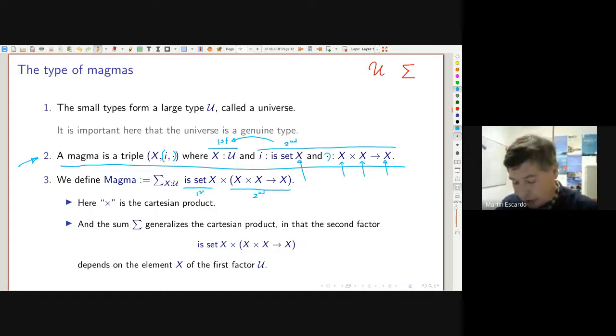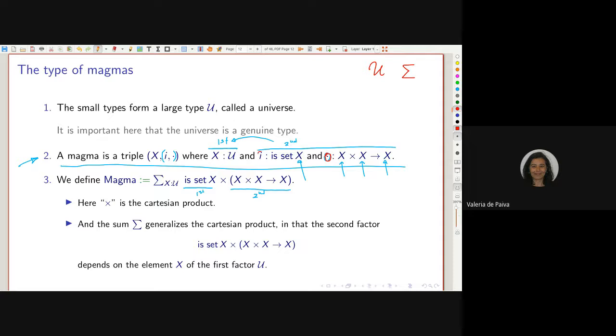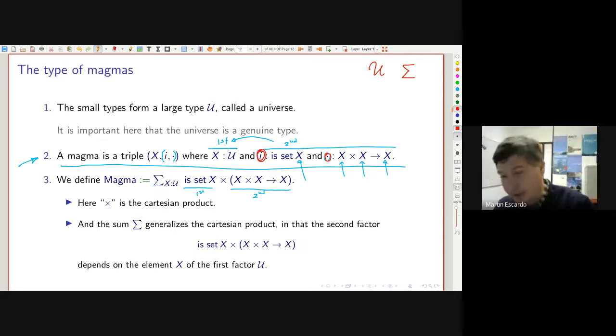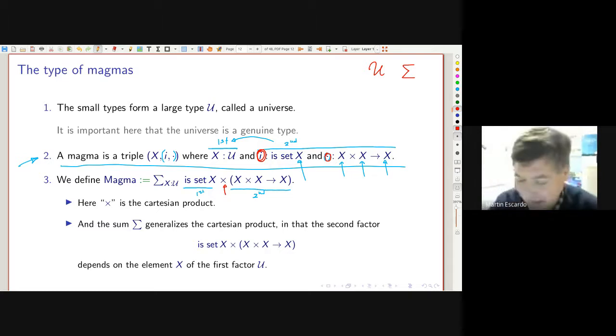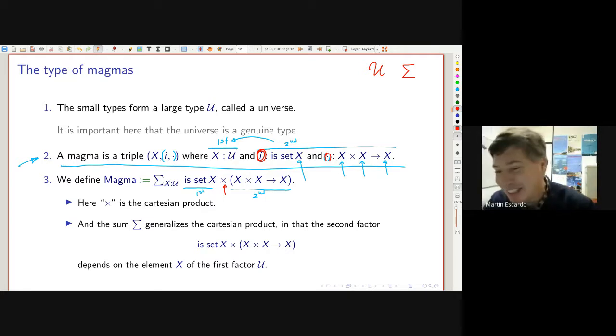So this operation, this multiplication, is not making reference to this. So this Cartesian product is a special case of the sigma type that you can write like this. That's a more technical point that I wanted to avoid, but I didn't manage. I had to explain it.